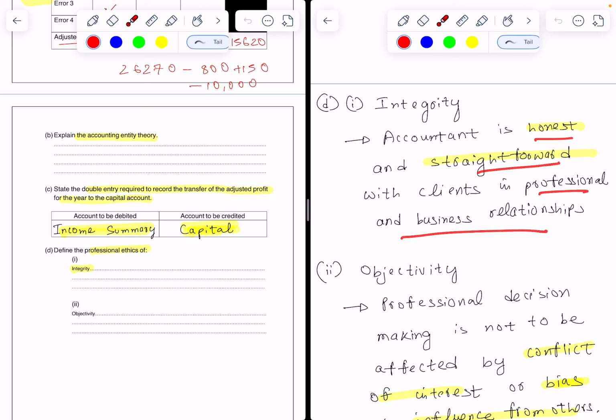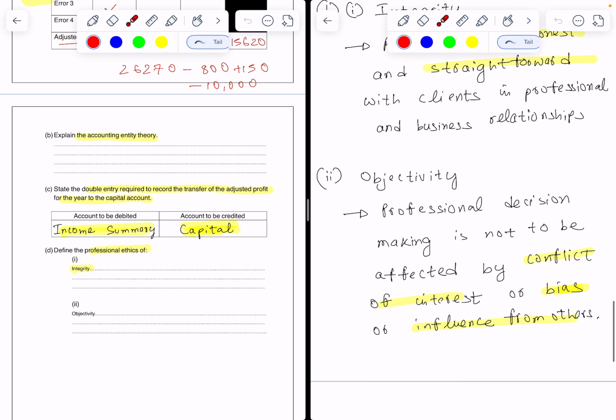All right? And objectivity is that when you make professional decisions as an accountant, you cannot let your decisions be affected by any conflict of interest, which means you have some interest, maybe financially, or you like the client. You have to always make sure that your professional decisions are not impacted by any bias or any undue influence from others, such as someone threatening you.